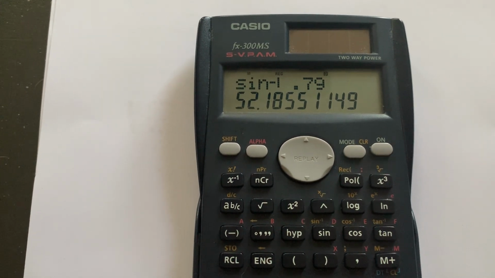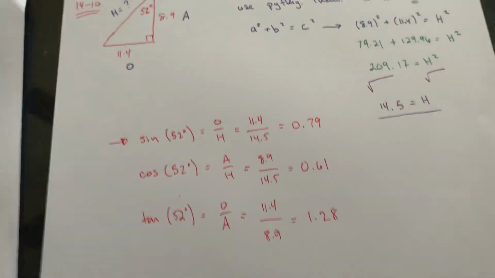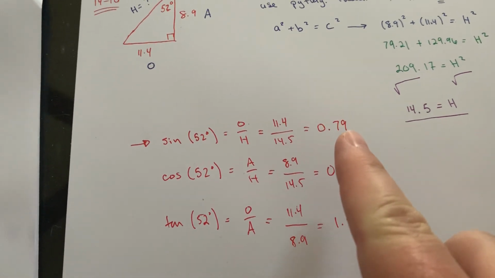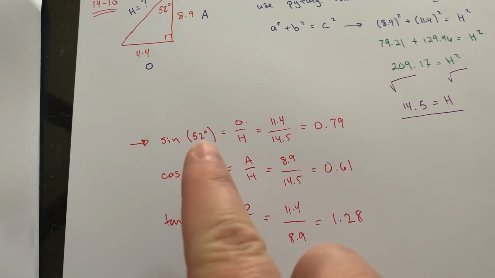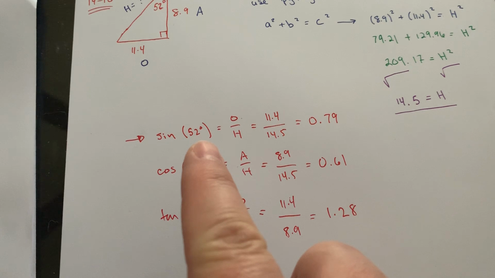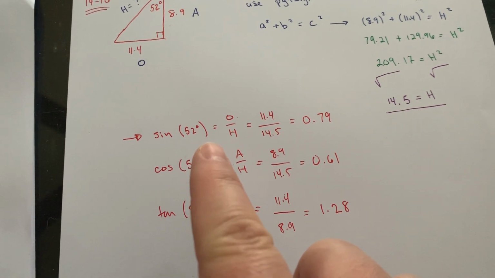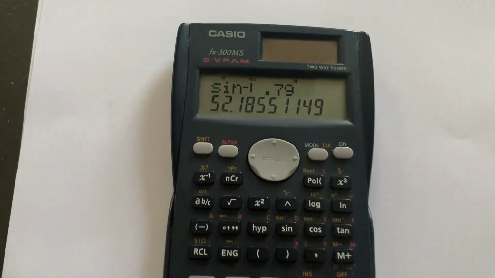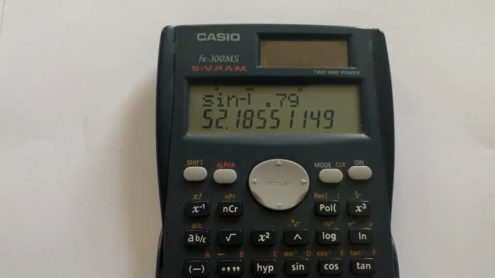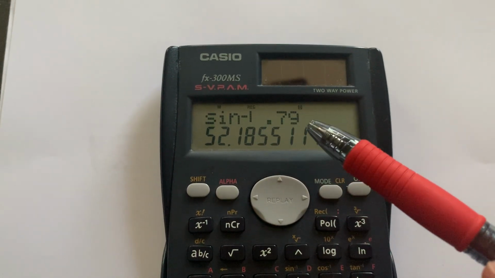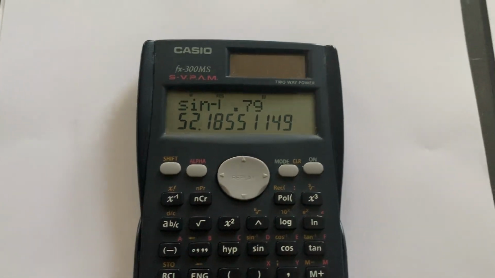And if we think back to that video, or if we look back over here, there is my 0.79, and it went with 52 degrees. So the idea is if I put the 0.79 into this, I'm getting the 52 back out using the inverse function. So there it is. You can see it in this layout. The sine inverse of 0.79 brings me back to the 52 degrees.